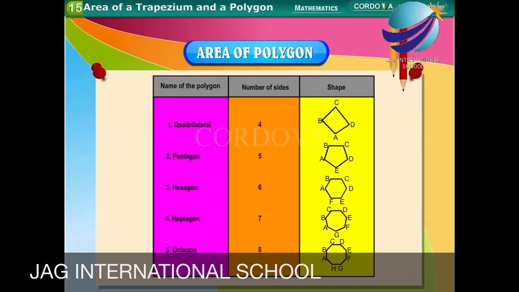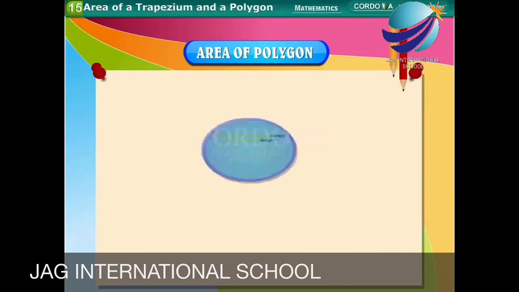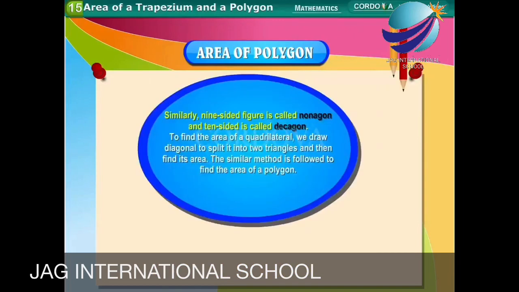Pentagon: 5, ABCDE. Hexagon: 6, ABCDEF. Heptagon: 7, ABCDEFG. Octagon: 8, ABCDEFGH. Similarly, 9-sided figure is called nonagon and a 10-sided is called decagon.